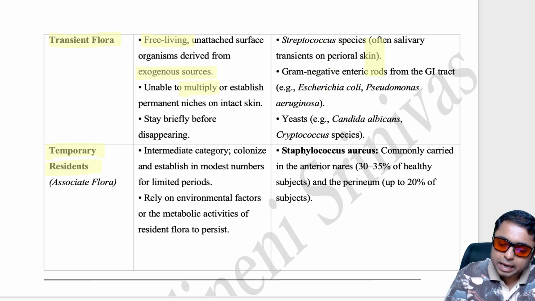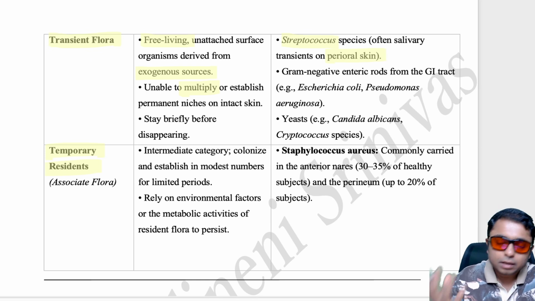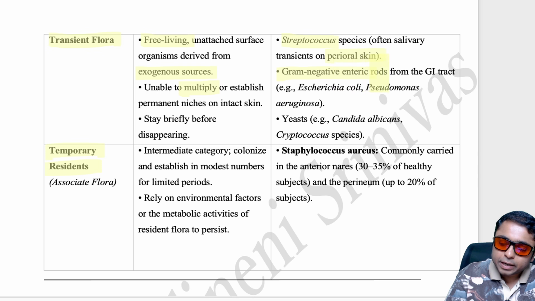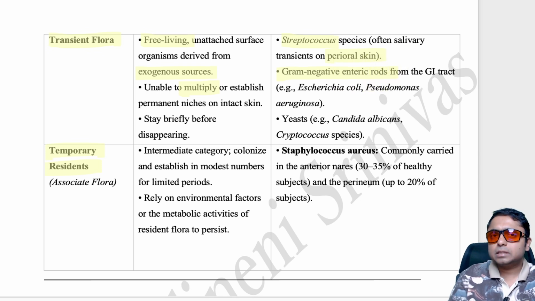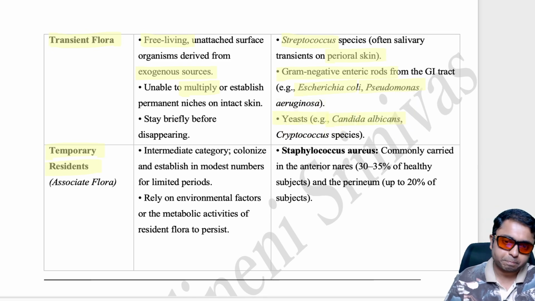For example, the perioral skin may have streptococcus species which are the normal salivary transients. Also gram negative enteric rods which could be present in the perianal skin, that is Escherichia coli and Pseudomonas aeruginosa, and also the yeast Candida albicans.